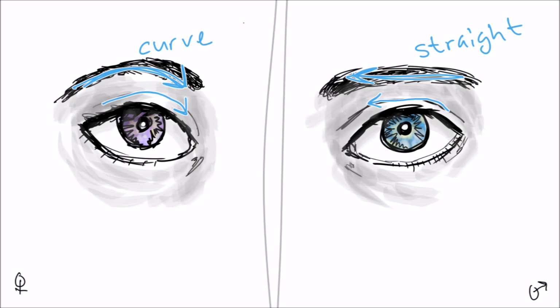I feel like overall it's not a big difference. But male eyes tend to be more straight, and the eyebrow tends to be more flat, basically. And female eyes tend to be more curved, but I have not seen this always to be true. I've seen some female eyes which are more straight like the male one on the right, and I've seen male eyes that are more curved like the female one on the left.